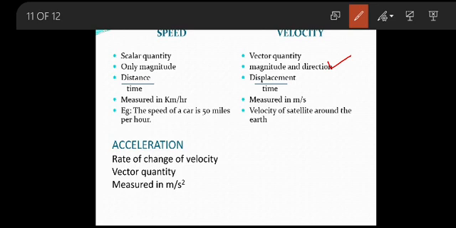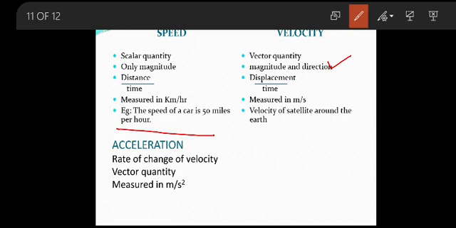Both speed and velocity are one and the same, but not exactly. There is one difference between them, that is the direction. If I mention the speed with the direction, it becomes velocity. If I don't mention the direction, it is your speed.